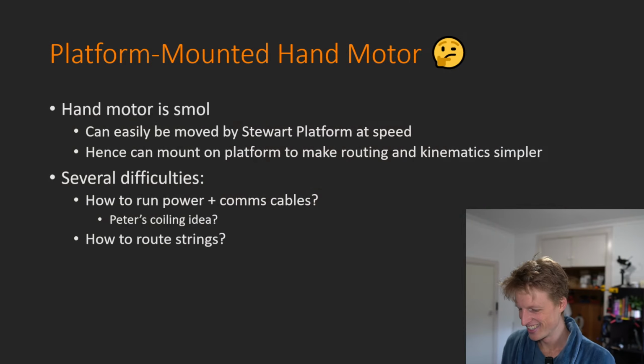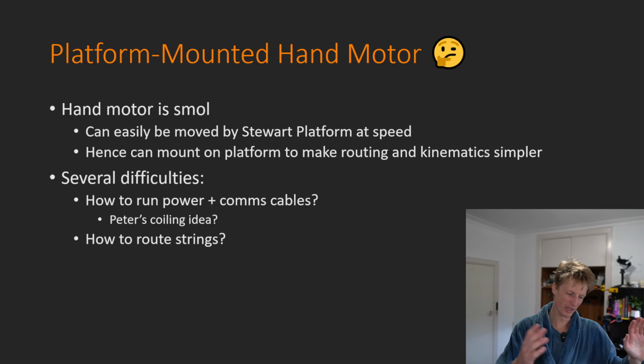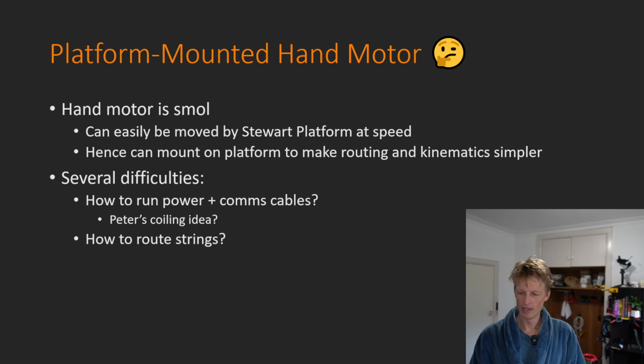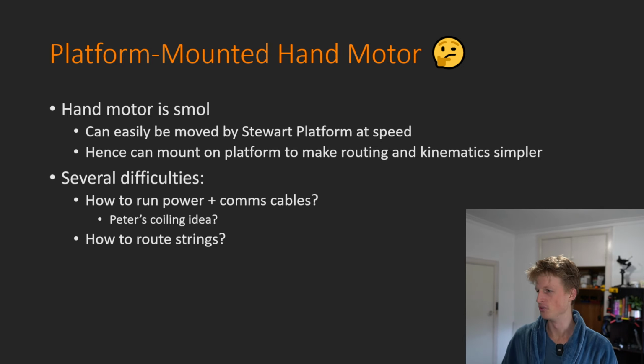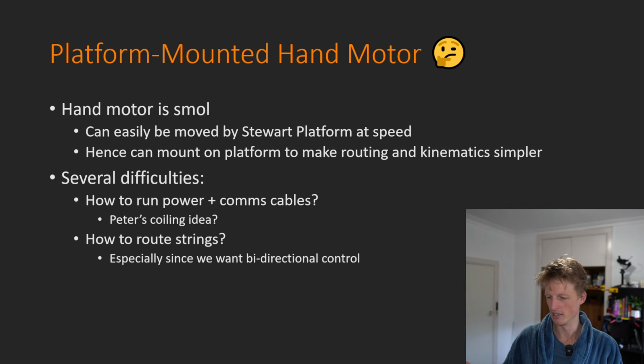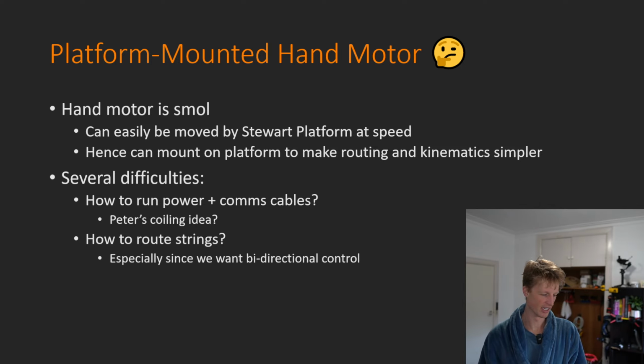No. And yeah, so once the cables are done, which I really like Peter's idea, and honestly I'll probably go for that, there's still the problem of how to route the strings, particularly because we want bidirectional control of the hand.